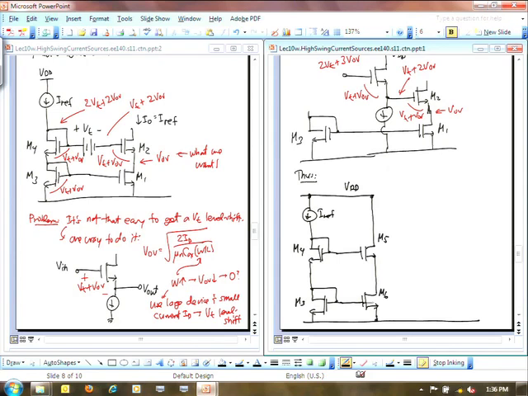And then this goes on to bias up the actual current source used in my amplifier. So here's M1. Let's pull this back a bit. And then M2. And there's my eventual I0, which I want equal to my reference current Iref.